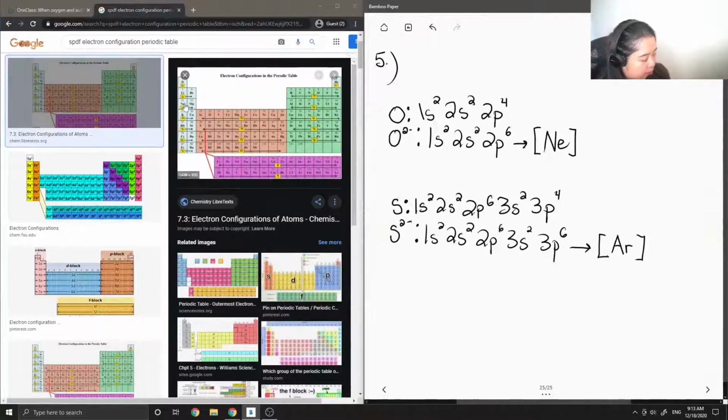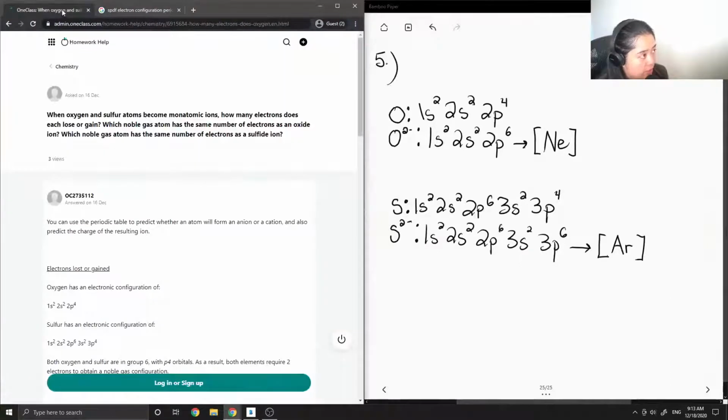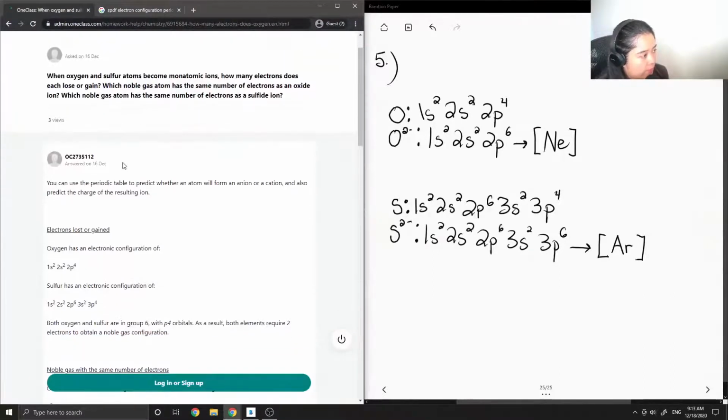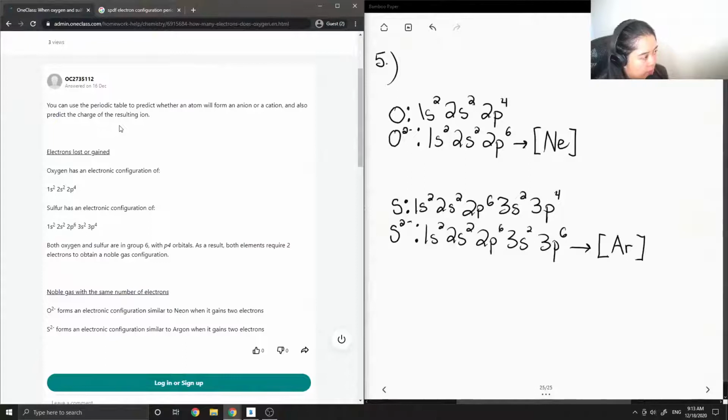Okay, so let's see what the junior tutor said. You can use the periodic table to predict whether an atom will form an anion or a cation, and also predict the charge of the resulting ion. Electrons lost or gained: oxygen has an electron configuration of 1s2, 2s2, 2p4.